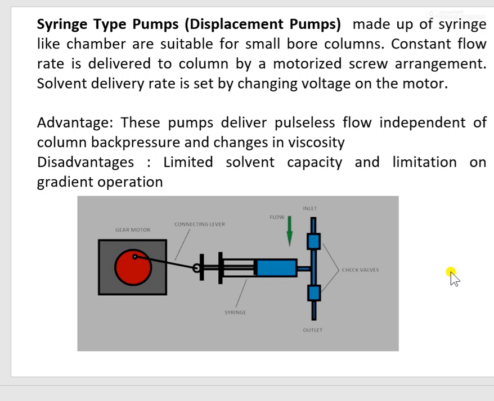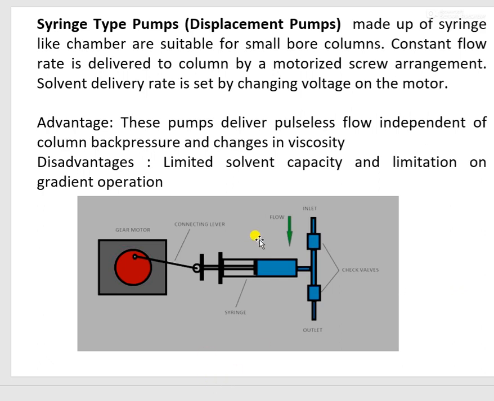So if you are going to use an HPLC column with small internal diameter, this type of pump is better suited. Constant flow rate is delivered to the column by a motorized screw arrangement. Solvent delivery rate is set by changing the voltage on the motor.